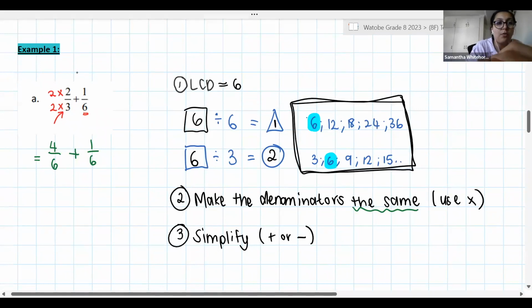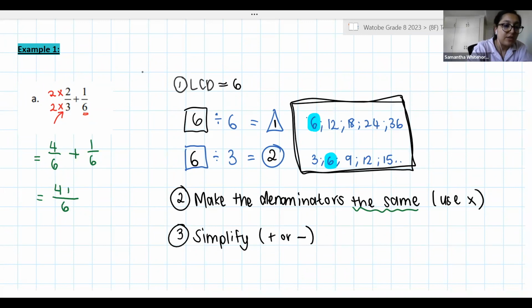Now remember, the whole point of an LCD is so that you can compare the two, and essentially so that you can get one fraction. So what we actually have is the numerators being added together, so 4 plus 1, all over 6. And we know that 4 plus 1 is 5. And so my sum here is 5/6.